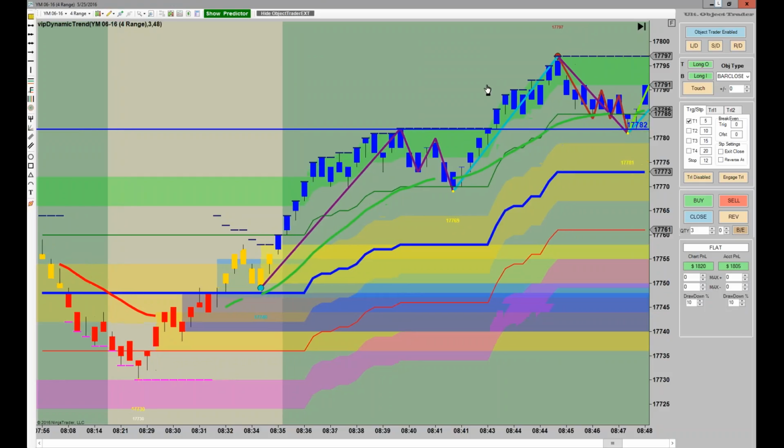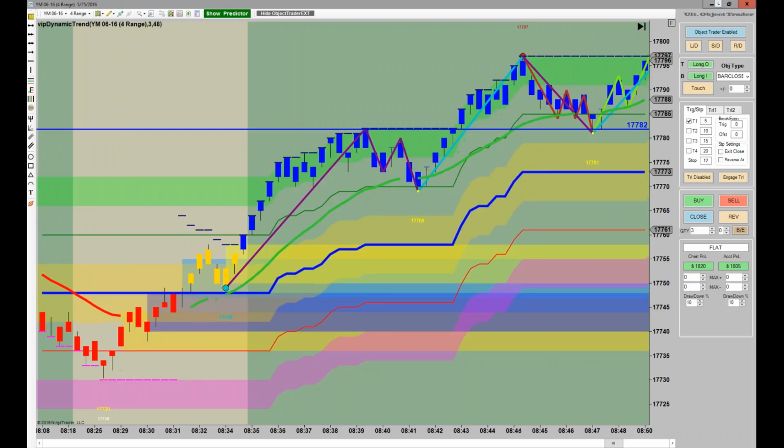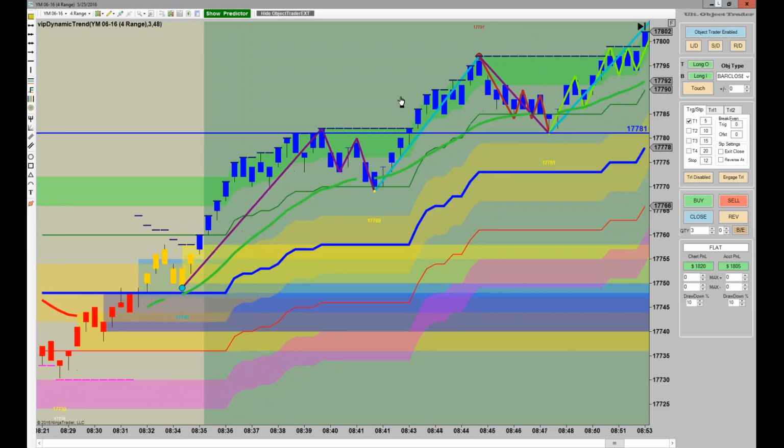So watch and see if that doesn't happen. Now see how they're just kind of zigzagging around? When does this become my swing right here? When it takes this out with a close. Wicked it both times, not a swing. Closed above it, it's a swing.